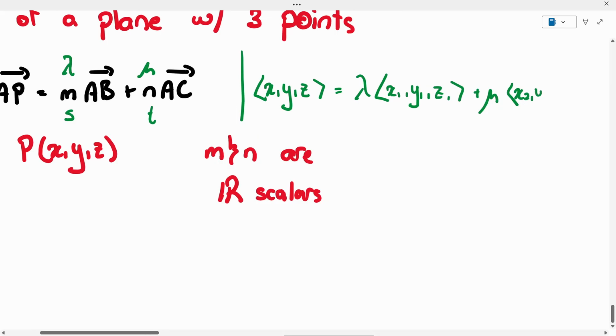Let's just put that for now, right? So this should look a little familiar because this is again one of the general equations of the plane, right? So let's run through a quick example.